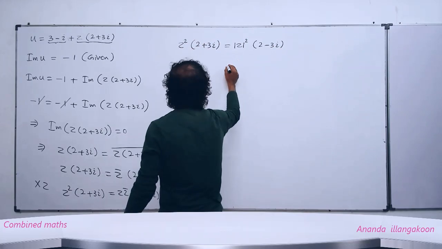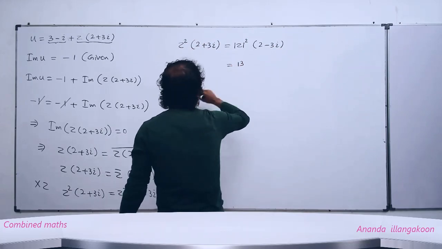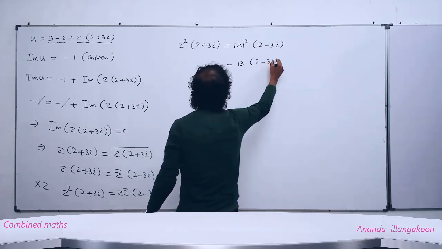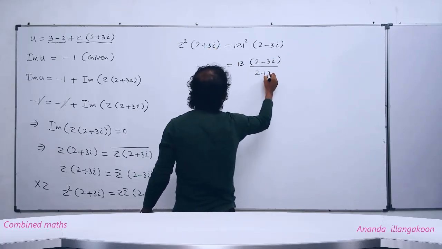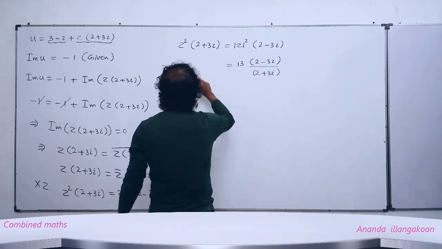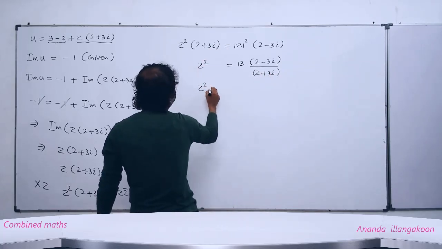Mod z squared is, people, 13. I bring (2 minus 3i) to the denominator this way. Here this is z squared equals 13 over (2 plus 3i).